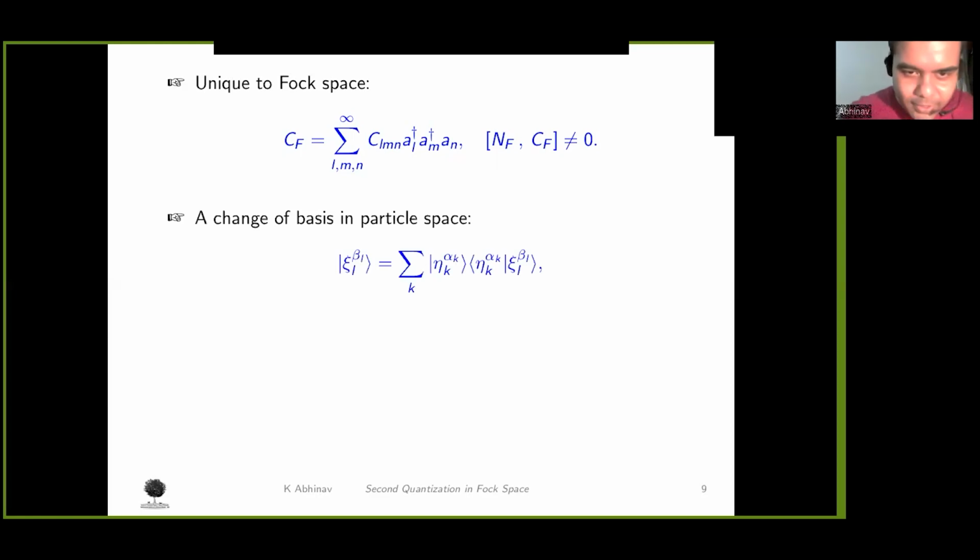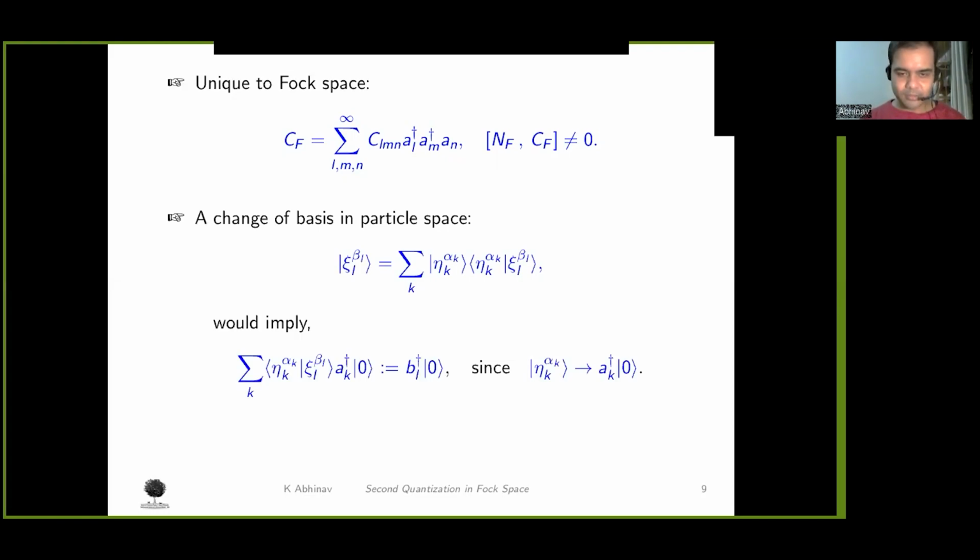And finally, in the bosonic space, you can define a change of basis, like from eta basis, you can go to some xi basis like this. And because these eta states correspond to creation operators in the Fock space, that will imply that the creation operators also can change.